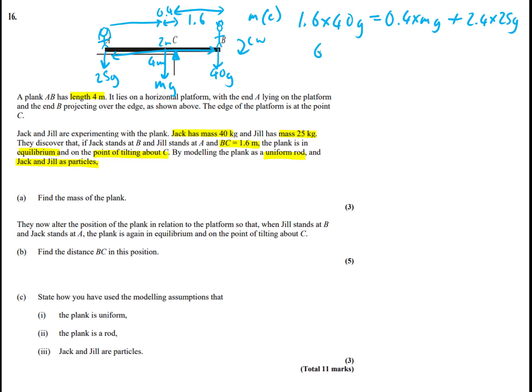Now I think that is 64g equals 2.4 times 25 equals 0.4 mg, add 60g, so we're going to get 4g equals 0.4 mg by subtracting 60g on both sides.